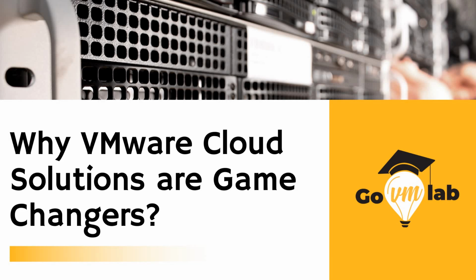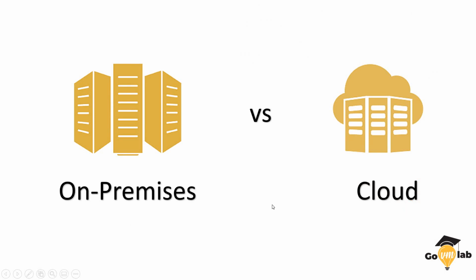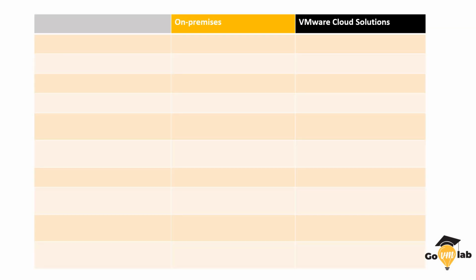So let's get started and have a deeper understanding of these two solutions, and let's understand why VMware Cloud Solutions are better than hosting these applications on a traditional data center. So that's the topic, on-prem versus cloud, a very hot topic in today's era where we are talking about migrations.